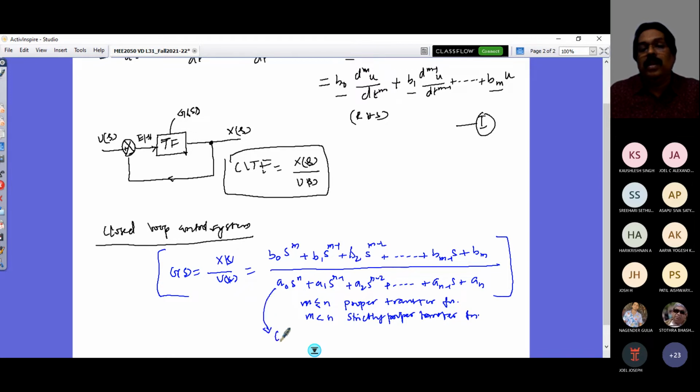This is called the characteristic polynomial of order n for an nth order system.